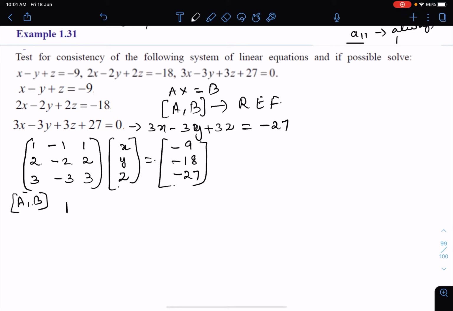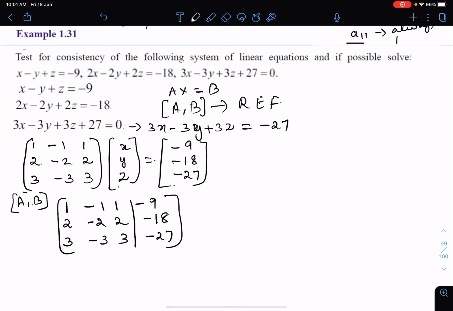That is going to be 1, minus 1, 1 and minus 9; 2, minus 2, 2 and minus 18; 3, minus 3, 3 and minus 27.